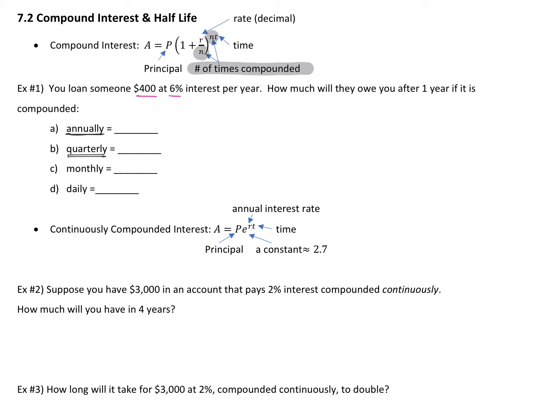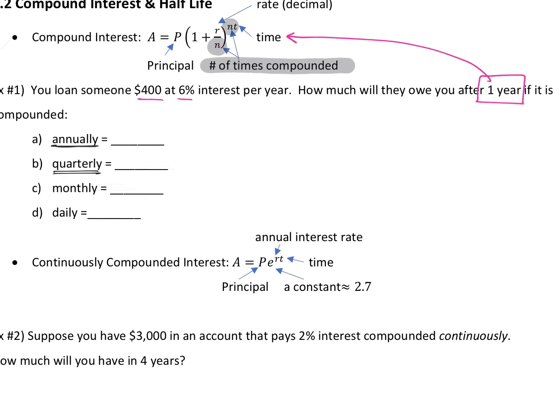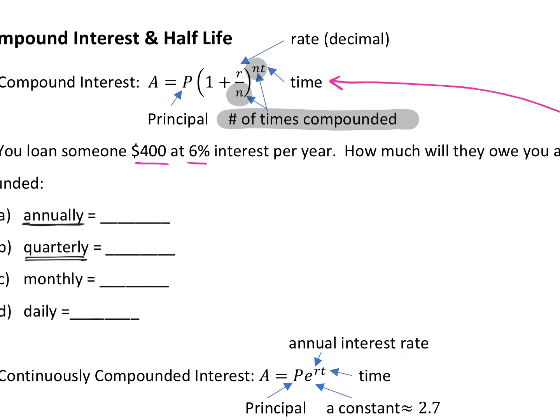So first of all, you need to note this. The question is asking, how much will you have after 1 year? Your time in every one of these problems, this A, B, C, and D, is 1, okay? They're asking after 1 year, how much are you going to have? So let's try to set this up using that formula. It says A equals, what's the principal? Do you know? It's the 400.